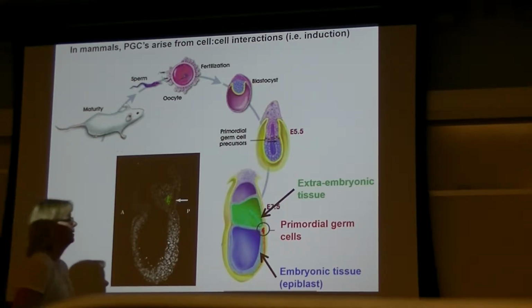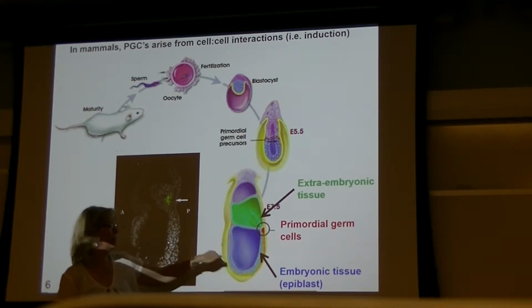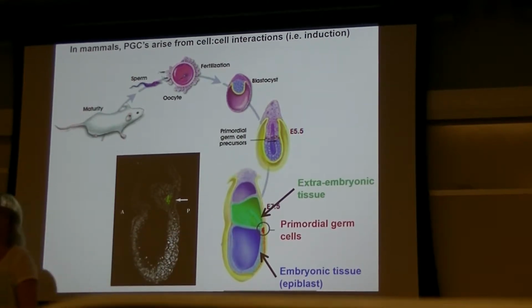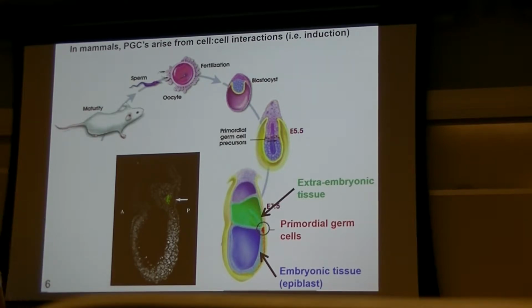Then there's one region of the embryo known as the epiblast, shown here in blue, and these are the cells that will become all the different daughter cells encompassed in the embryo. And the primordial germ cells, shown in red on this slide, are developing right at that corner at the interface between these two tissues, right here. There's even a mouse line where the primordial germ cells are marked with GFP.